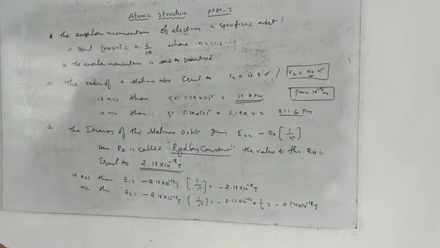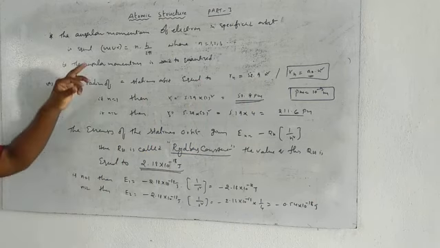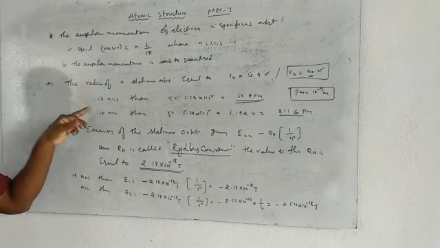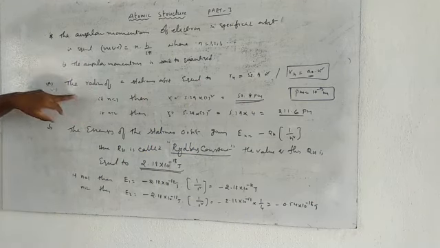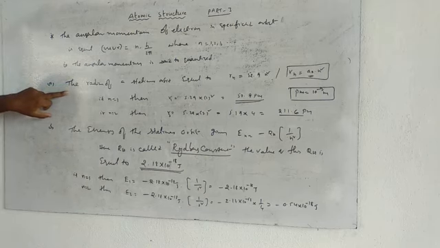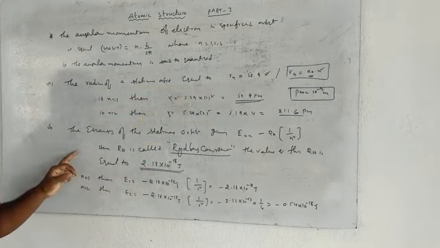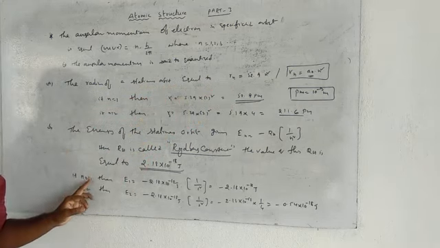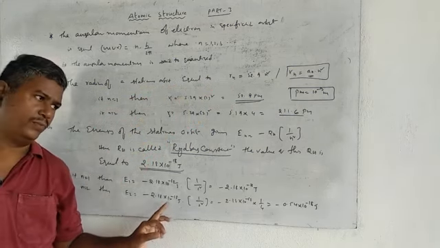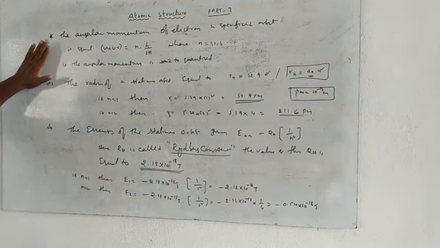All these observations are given by Bohr only. From Bohr's calculation, we can easily calculate the stationary orbit radius as well as the stationary orbit energy.